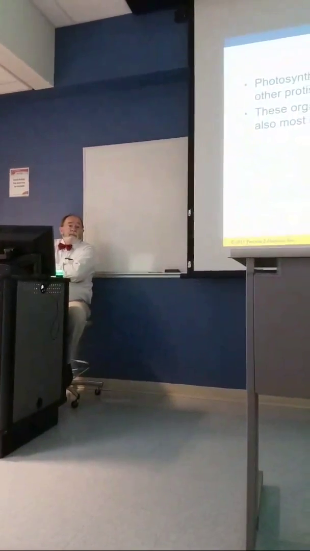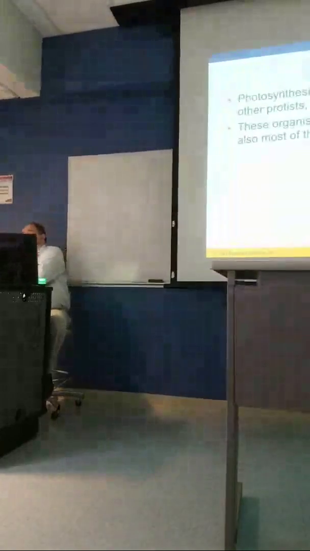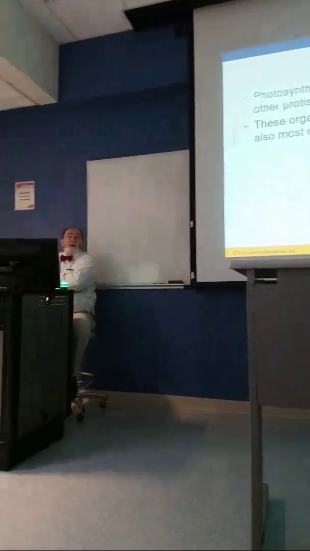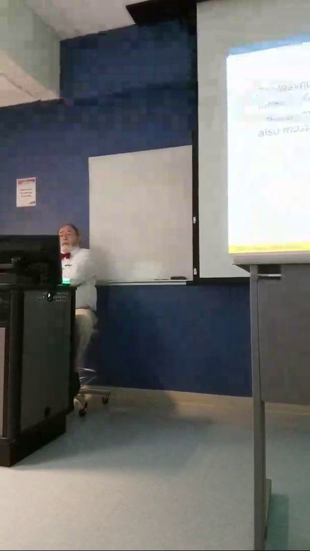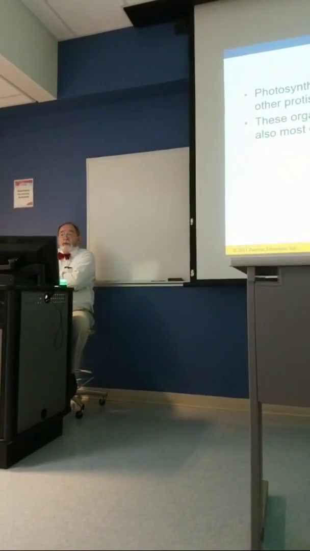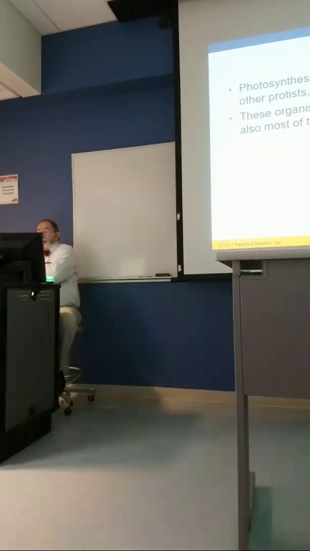The most common is blue-green algae. It's not algae. When you get into 1082, you'll talk a lot about cyanobacteria. That's blue-green algae, but it's actually a bacteria. So it's one of the prokaryotes that can go through photosynthesis.